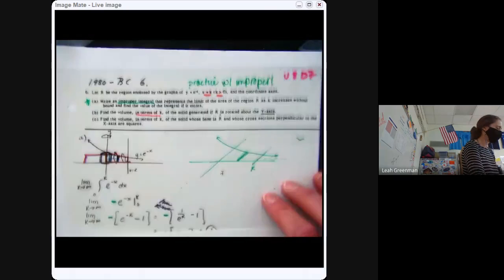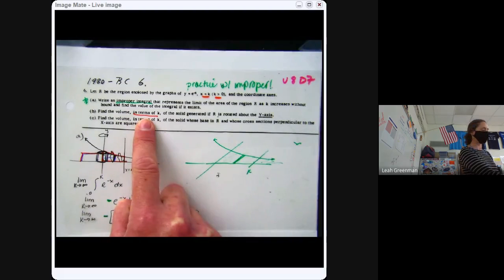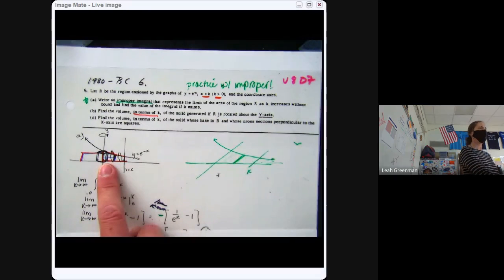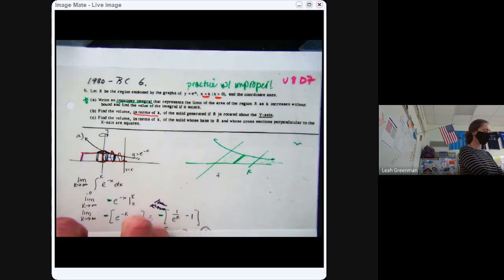Part B. Find the volume. Now notice, we're done with impropers because they're just saying in terms of k. Find the volume in terms of k of the solid rotated around the y-axis. So I took this region here and rotated it around the y-axis. I'm not sure what that looks like.